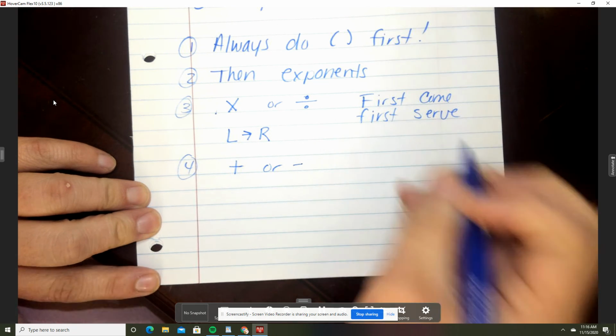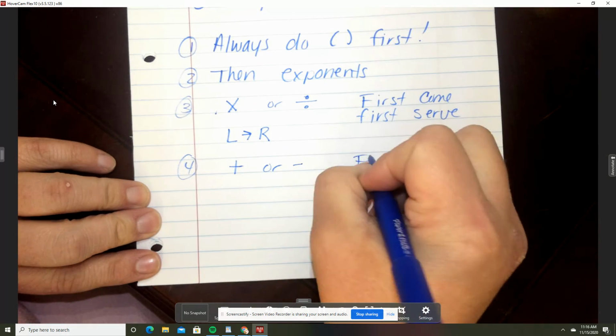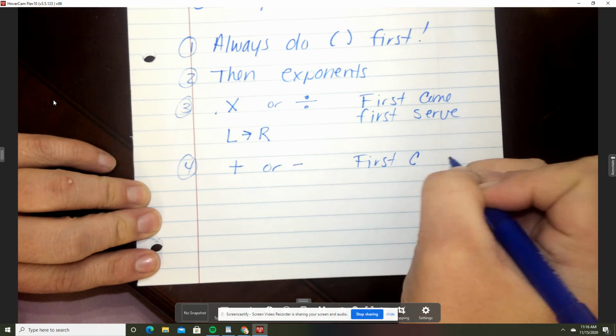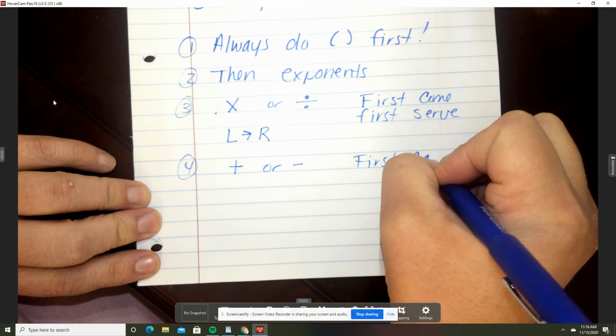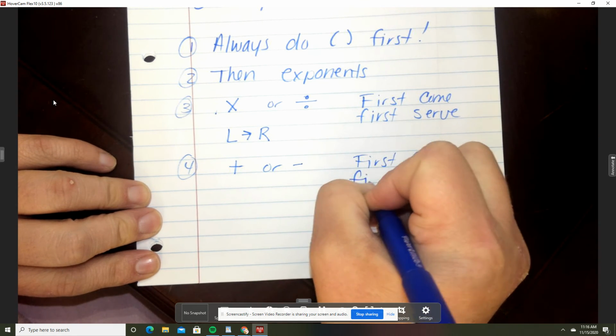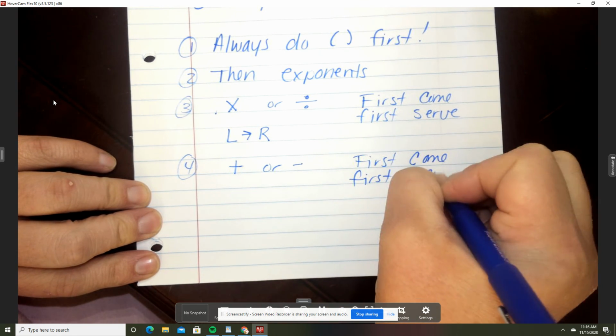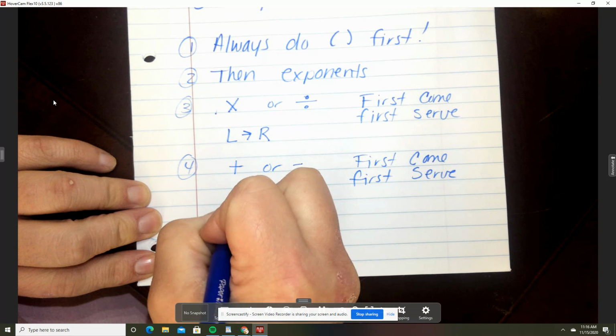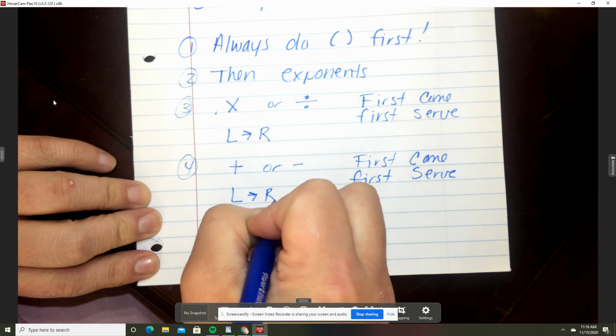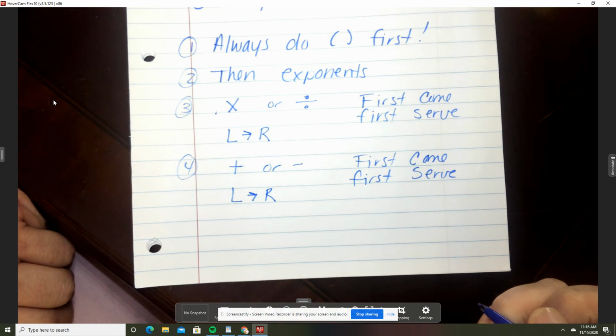Okay? Again, it's the same rule. First come, first serve. And it is left to right, so whichever one comes first in the problem.